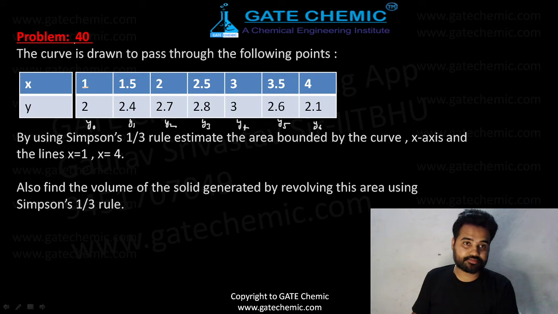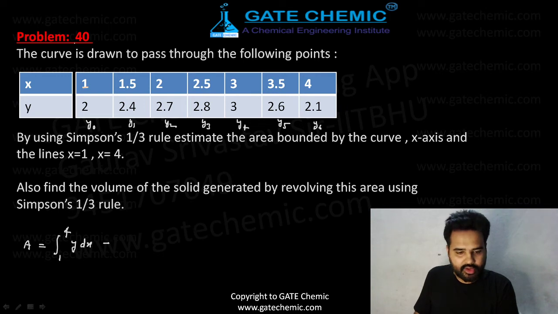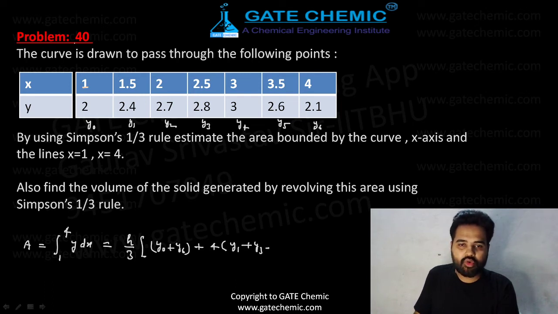How to calculate this? Very easy. First part, you can calculate the area as the integration of y dx from 1 to 4. So it's h by 3 times the first term plus the last term, plus 4 times the odd terms, which are y1, y3, y5, plus 2 times the even terms, y2 and y4.